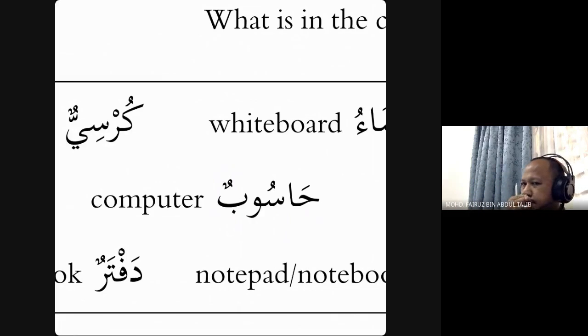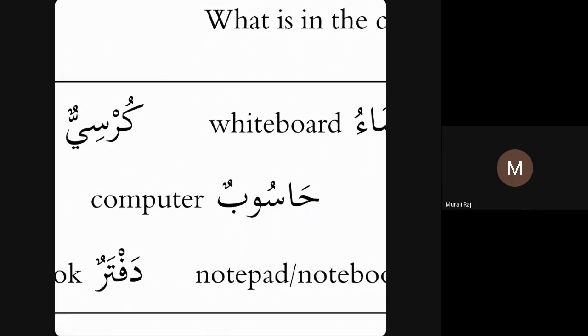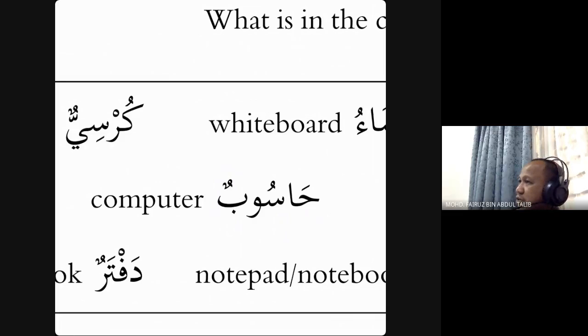How do you say this is my computer? Haza ana hasub. If you want to say my, you don't say ana, because ana is I, then the meaning will be I am the computer.